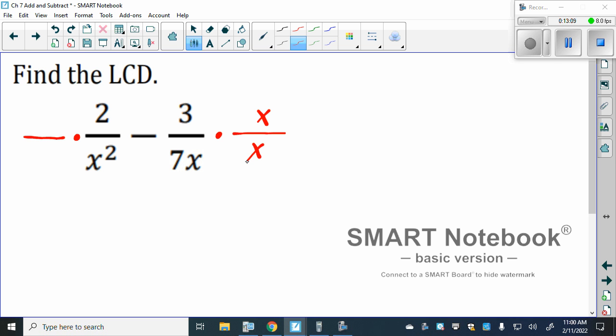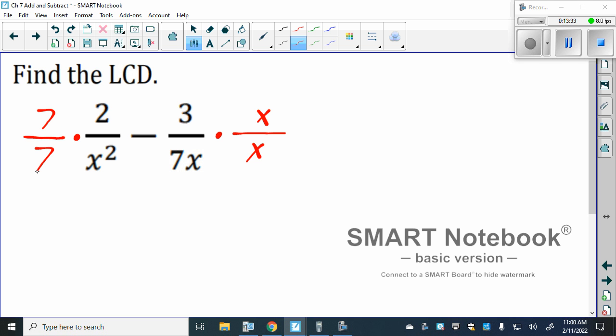Okay? So we have the variables all the same. But the one on the right also has a 7. The one on the left doesn't have any number besides 1. So I need to multiply the one on the left by 7 so that they are the same. Now, will doing that get the denominators to be the same?